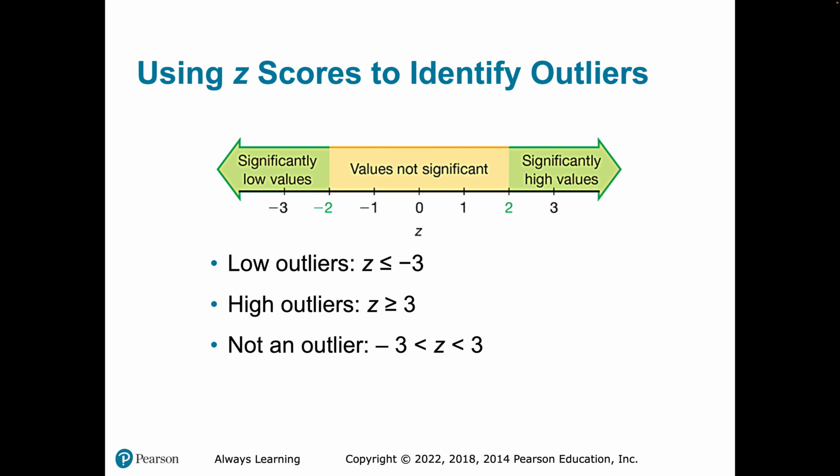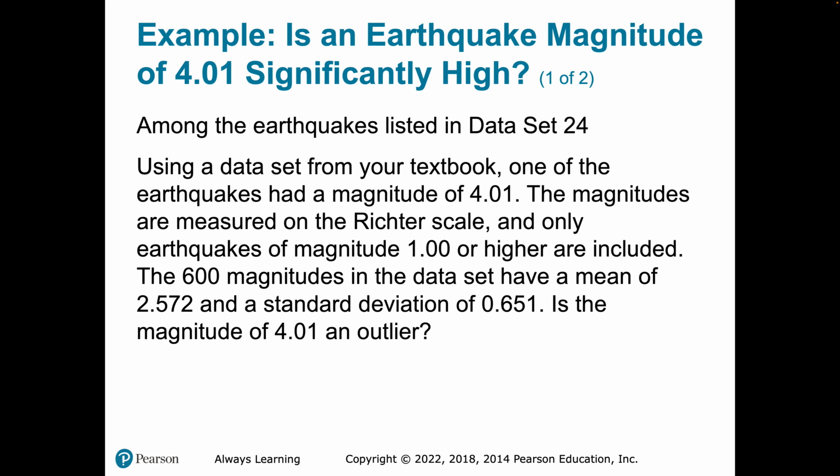Another way of talking about outliers is just saying they are significant values. That's more of a general term that we'll run into later. Your textbook for this class doesn't use significant at this level in this chapter. It just uses whether or not the value is an outlier.